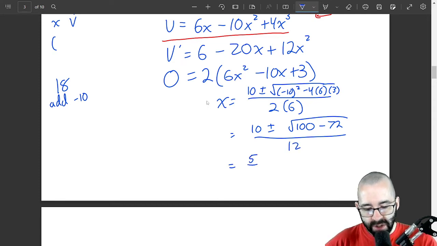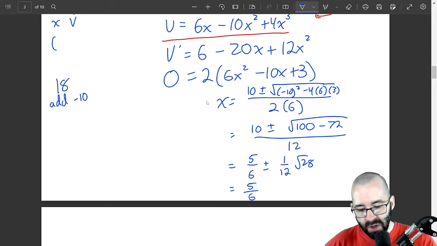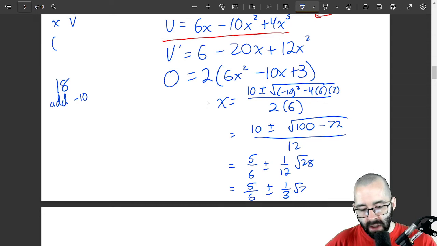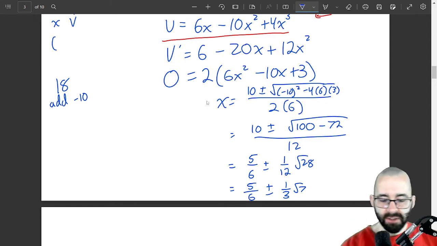Split up the fraction and reduce. 10 over 12 is 5/6 plus or minus 1/12 times the square root of 28. You can simplify that a little bit more to get 5/6 plus or minus 4 root 7 over 12, and 4 over 12 is 1/3, root 7, like so.